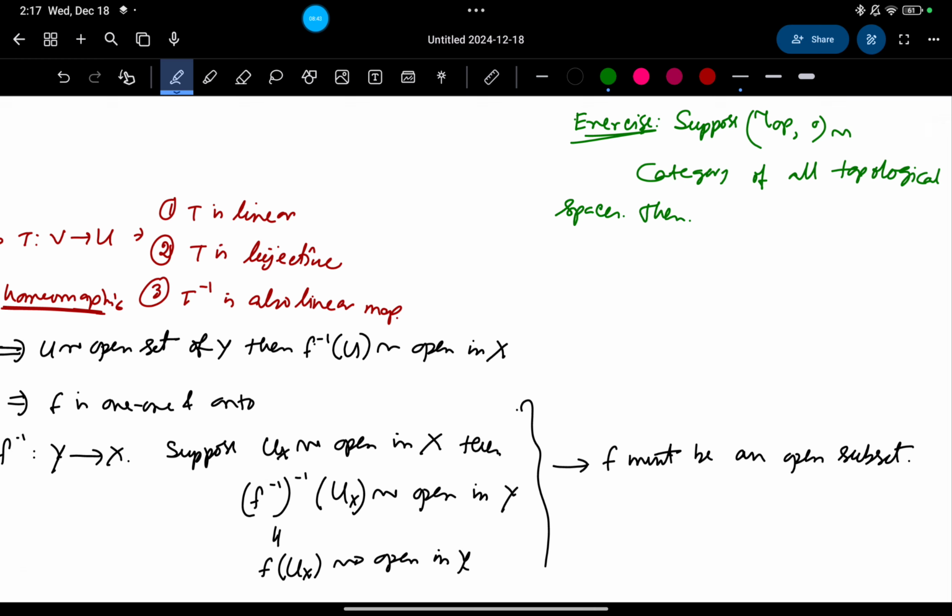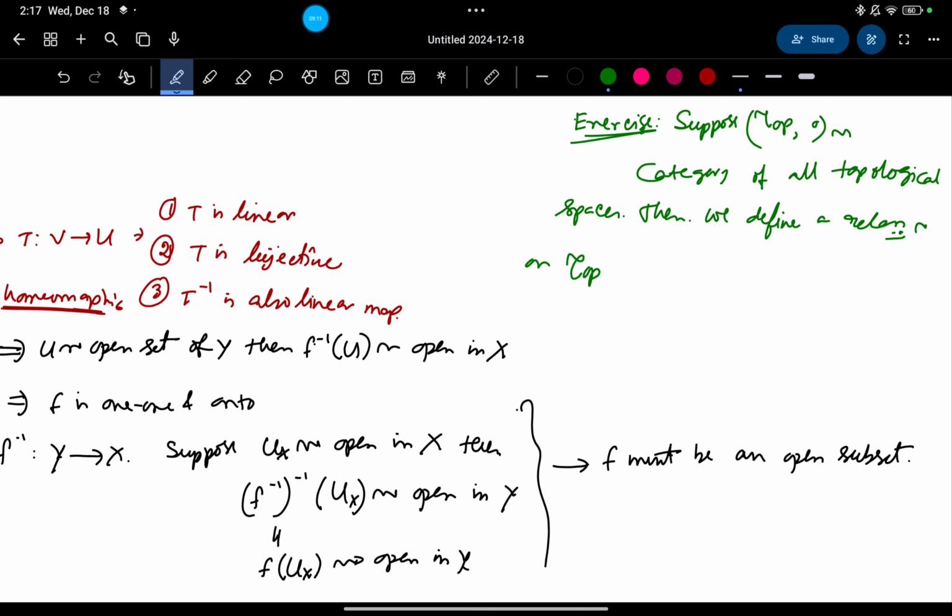Then we define a relation, let's say this, on the Top, it means it is a base underlying set of the category.